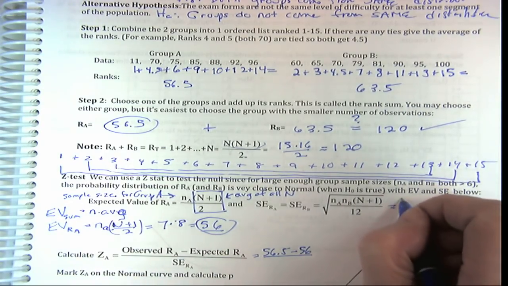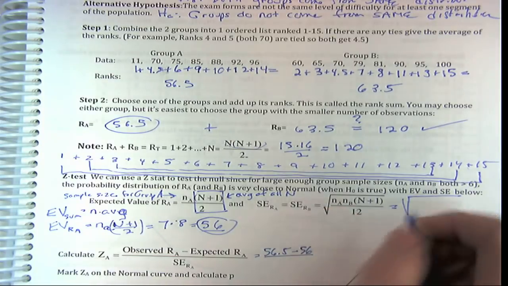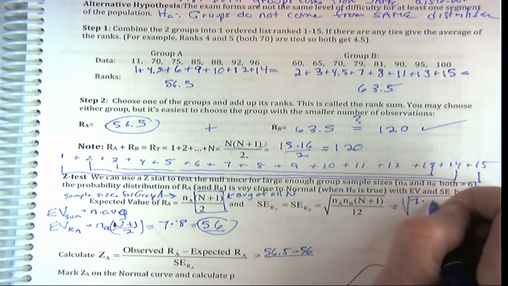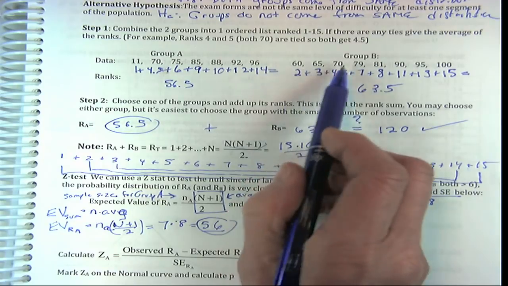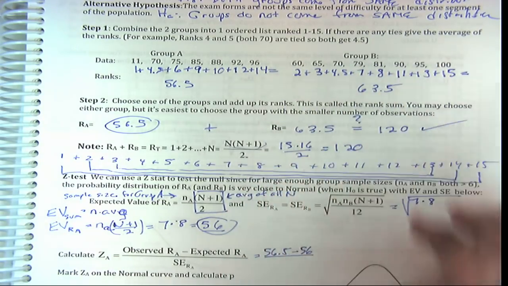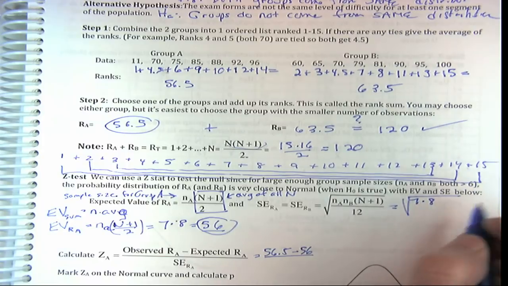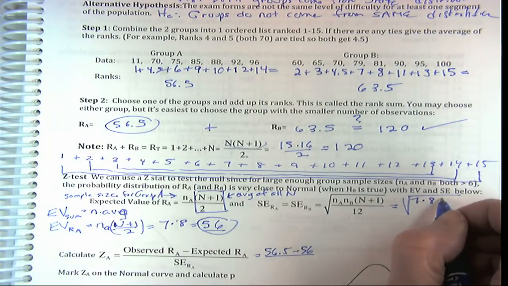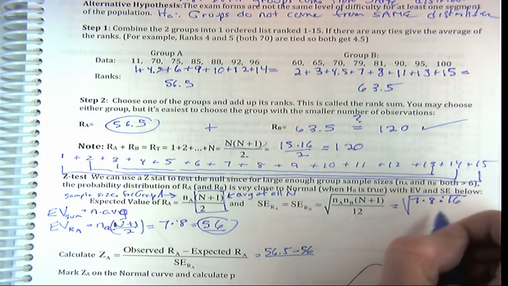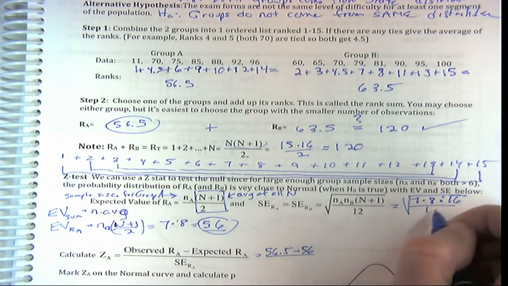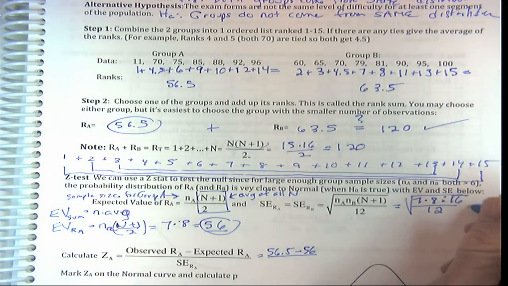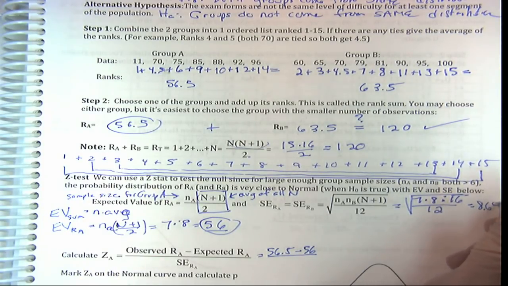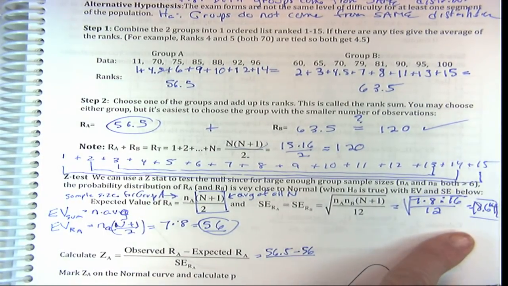So this works out to be n_A times 7 times 8, which is the same, 1, 2, 3, 4, 5, 6, 7, 8, right? And then times n plus 1, which is 15 plus 1, which is 16, over 12. And that is 8.64. That's what that is.